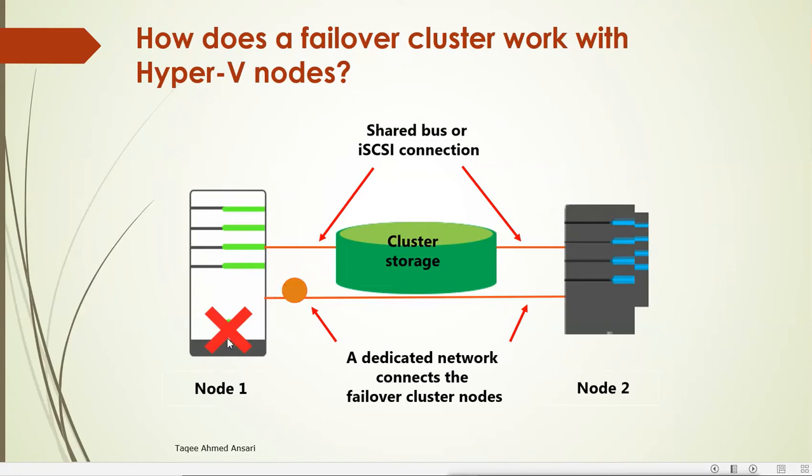Now when this server comes back, the virtual machine can do failback and come back to the original node. So failover and failback. This is how the failover cluster works with Hyper-V virtual machines.